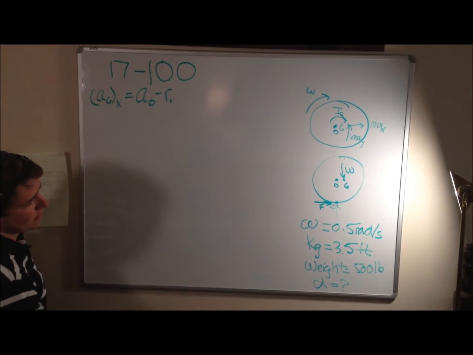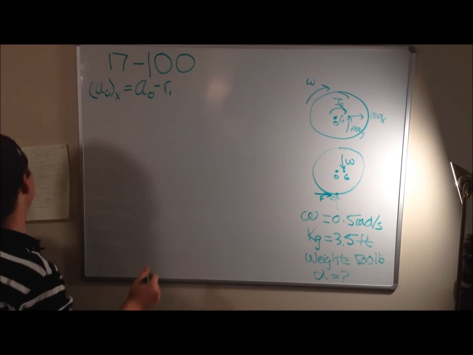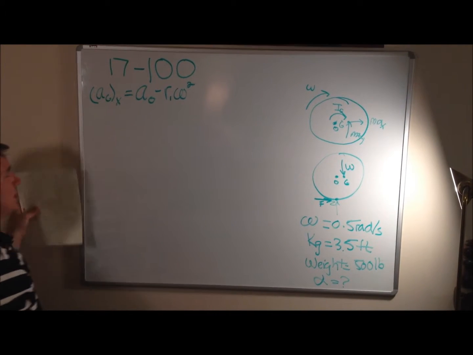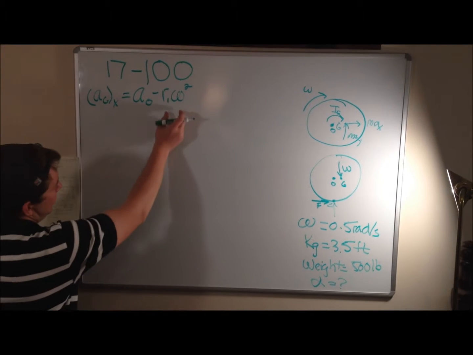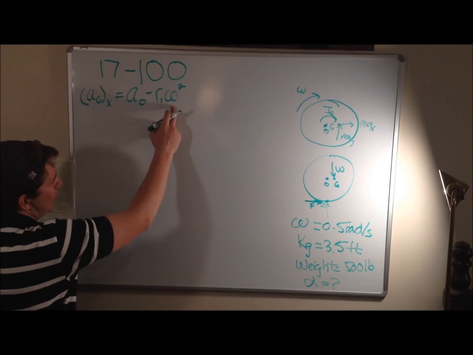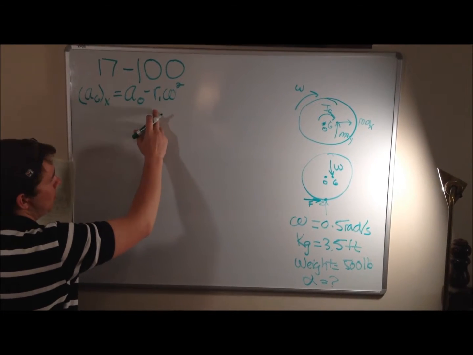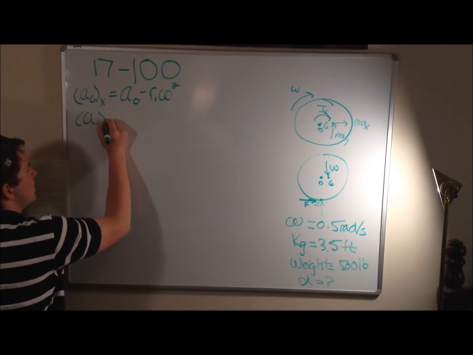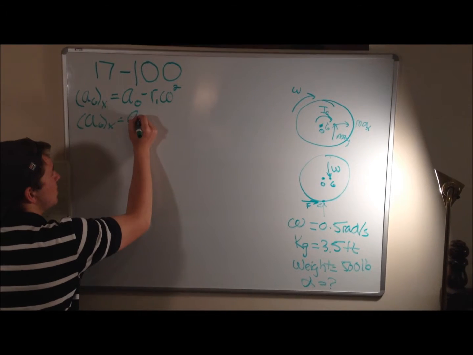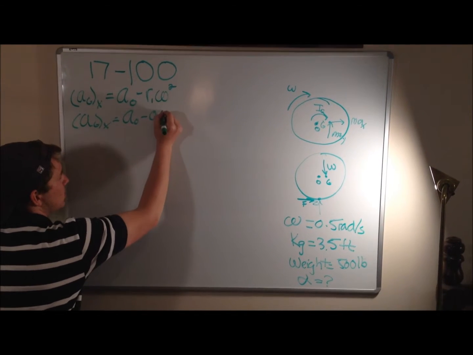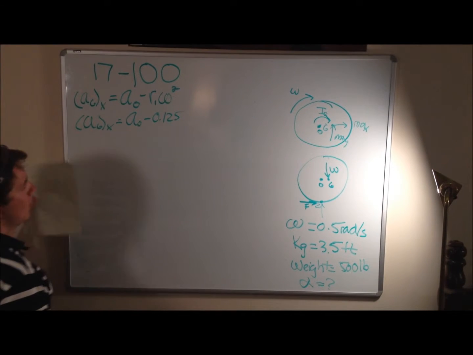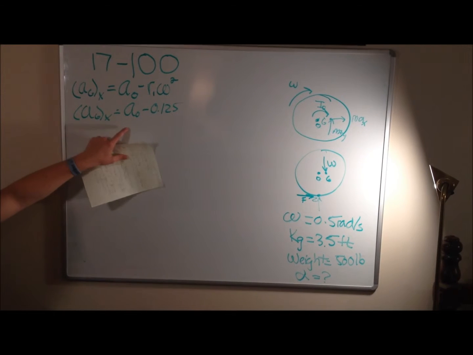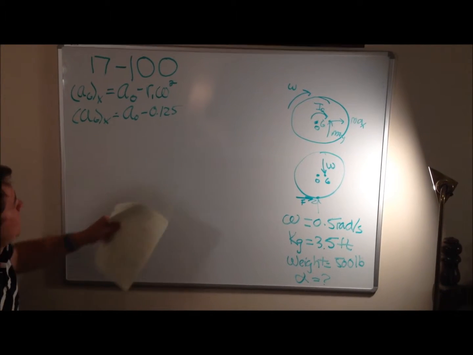R1 is the distance from O to G, which is 0.5, times omega squared. This is a relative acceleration equation, and we're going to plug in for omega and R1, which both happen to be 0.5. And so this gives us A_G in the x direction being equal to A_O minus 0.125.